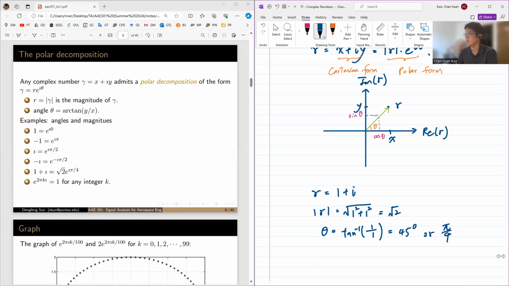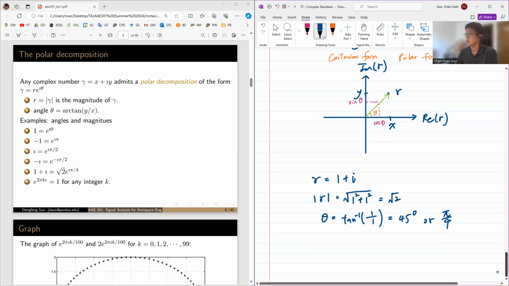It may make more sense if we draw it out. So here we have this complex plane, and (1, 1) is right here. This is gamma. This is 1. This is 1. So you can see that the angle here is 45 degrees.